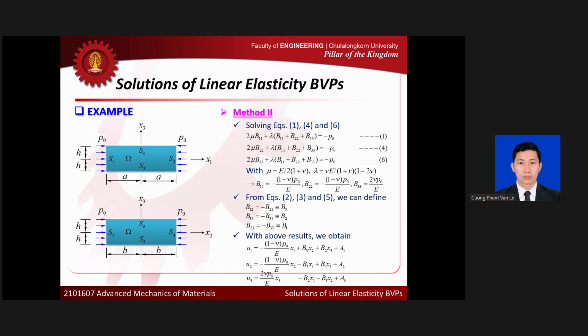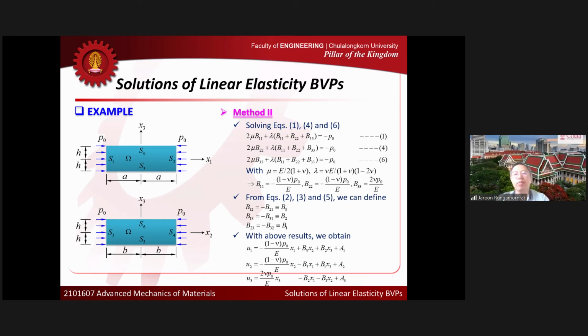In the case that the body is free to move rigidly, the displacement is unique up to the part that produces the non-zero strain. You can always have the rigid body motion there. So in this case, I think what you got here is right, because we didn't constrain any part of the body to prevent the rigid body movement. So the rigid body motion has to be there.